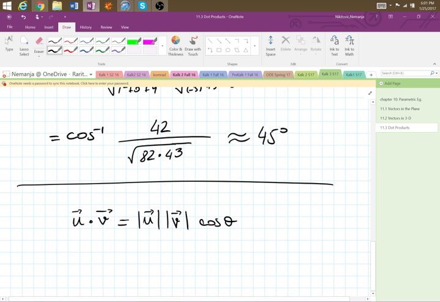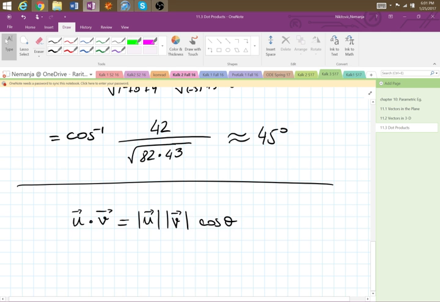And when the dot product is 0, that means, right? So this is one of those theorems that goes both ways. We call that if and only if. So if the dot product is 0, vectors are perpendicular, or if the vectors are perpendicular, the dot product will be 0.